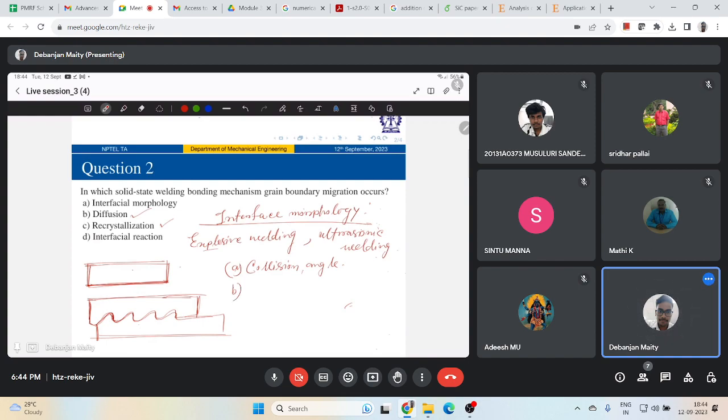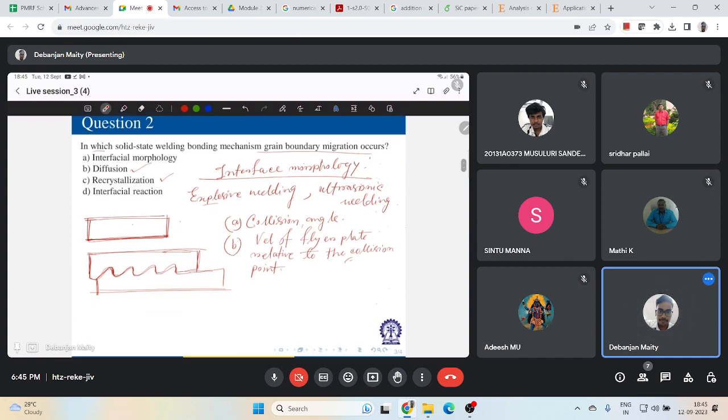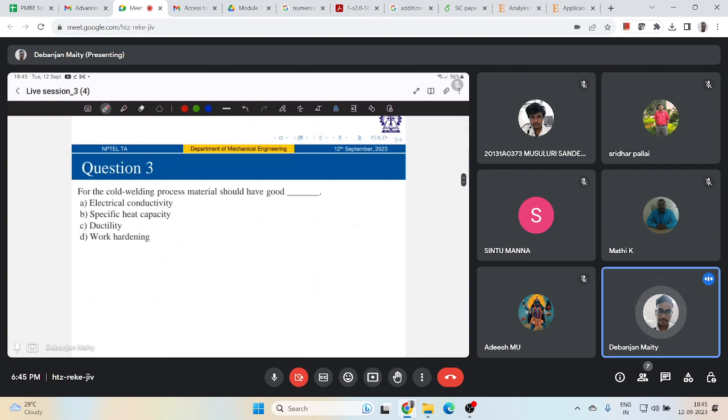You have the velocity of the flyer plate relative to the collision point. Correct? So, we have already talked about this question. In the recrystallization mechanism, the grain boundary migration occurs.